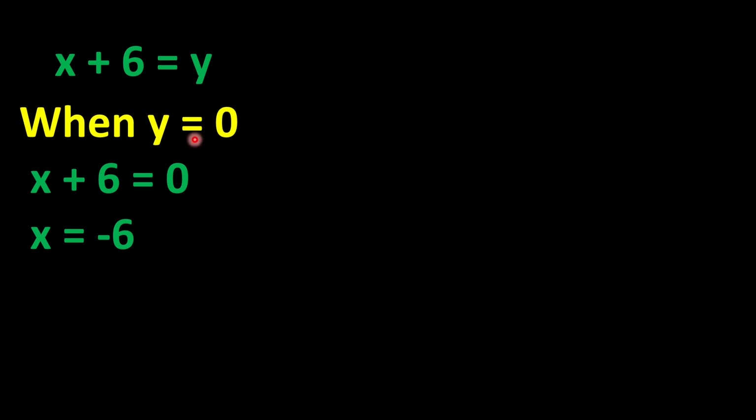When y equal to 0, x plus 6 equal to 0. When we send this plus 6 to the other side of the equation, x is equal to minus 6. So this is our first value of x.